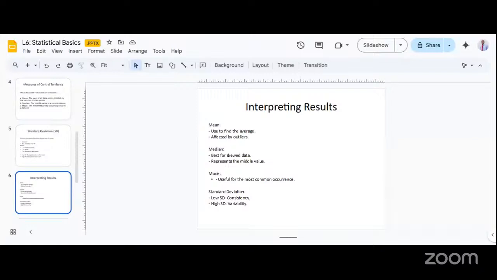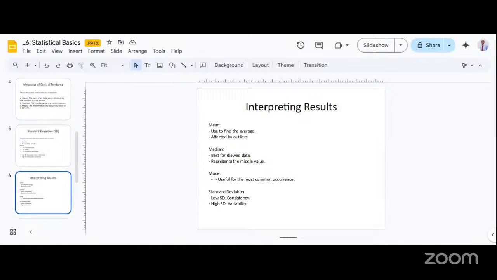Then median is best used when you've used mean to try to get your average, but you found out that there are outliers in the data set.